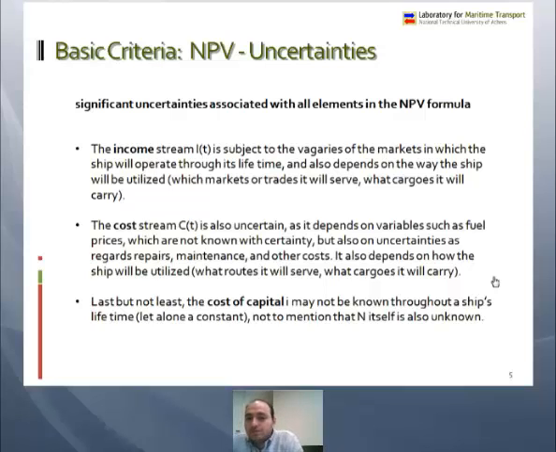And this depends mainly on the way that the ship will be utilized: the markets and the trades that it will be serving, the cargoes that it will carry, and things like this. On the other hand, the cost stream is also very uncertain as it depends on variables such as fuel prices, which are not known with certainty, but also on uncertainties as regards repairs, maintenance, and other costs.